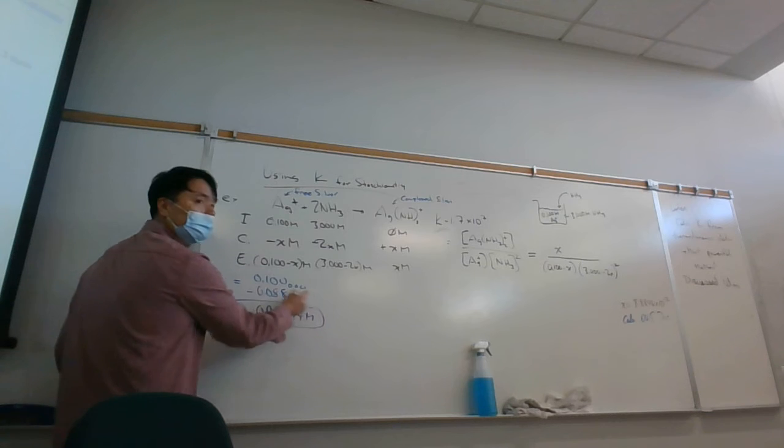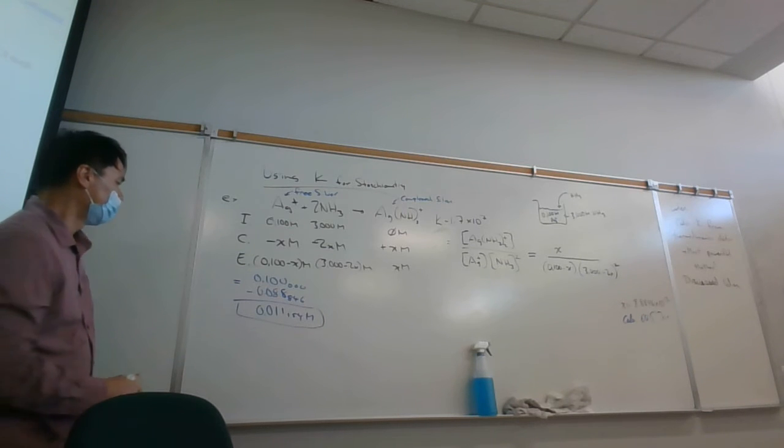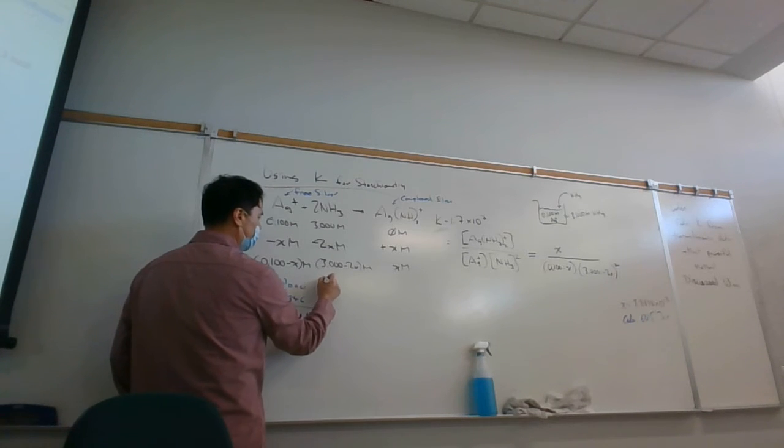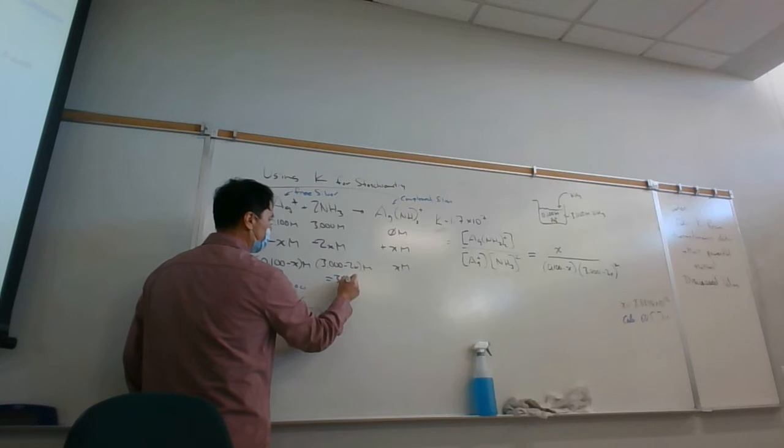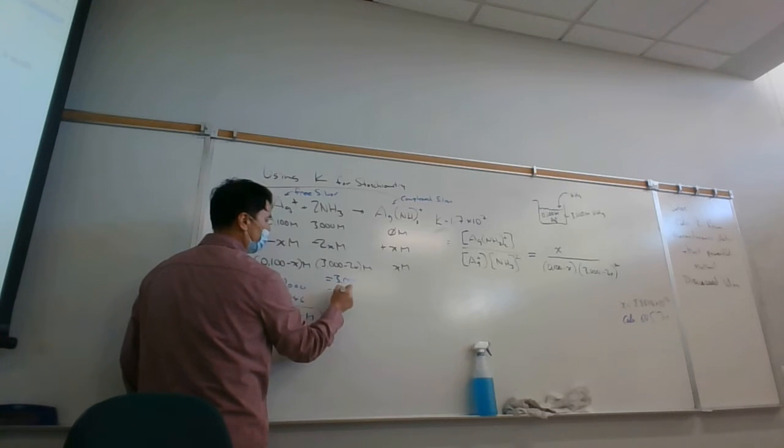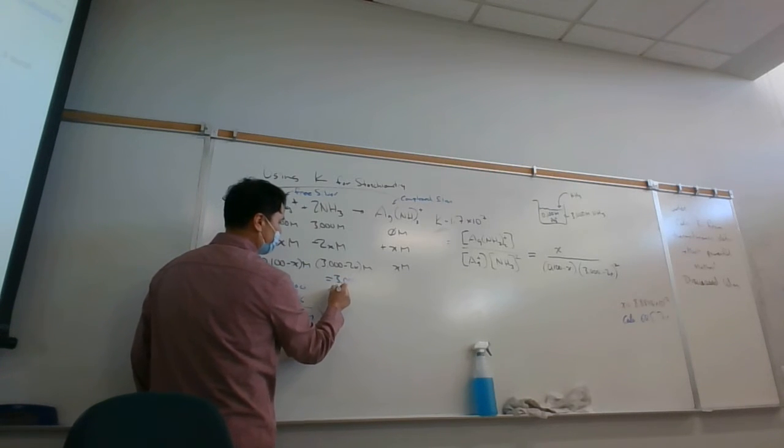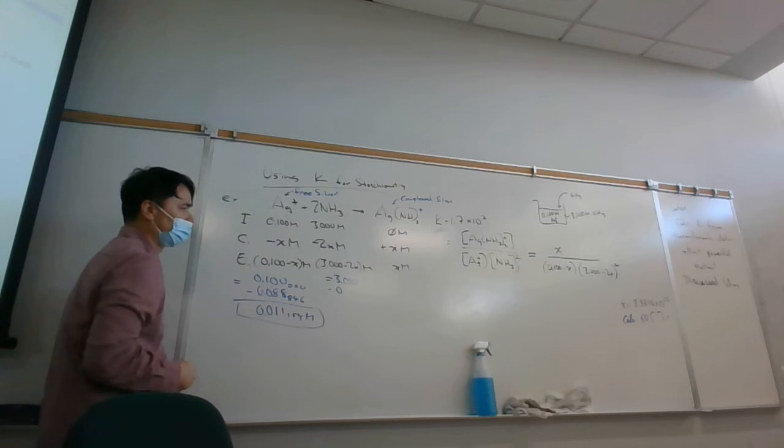Is that right? Okay, then we go over here. This is going to be equal to 3.000 minus 2 times that. And so we'll have to double this.